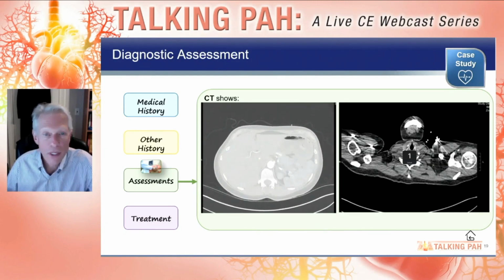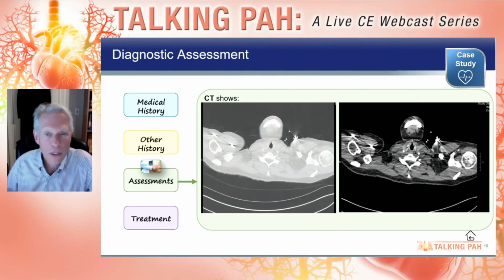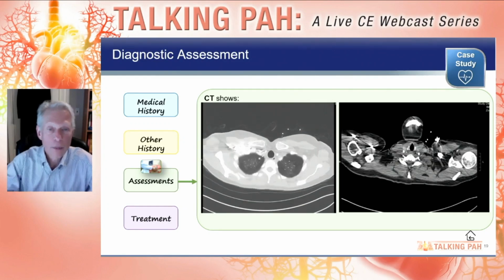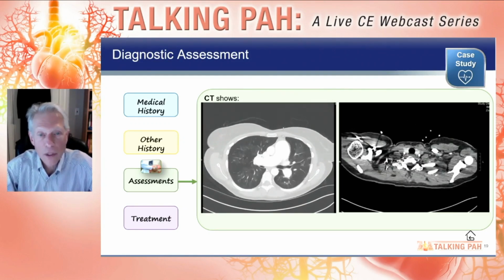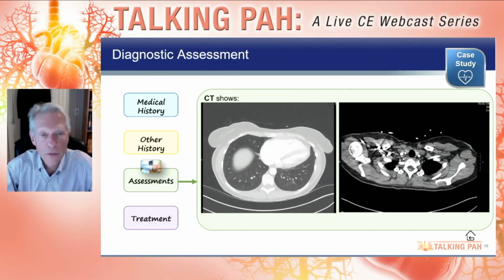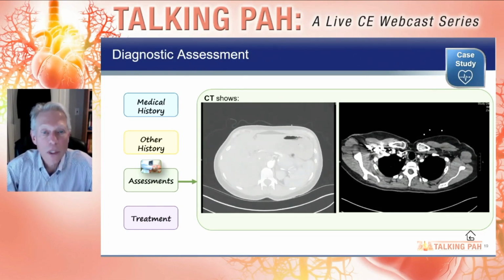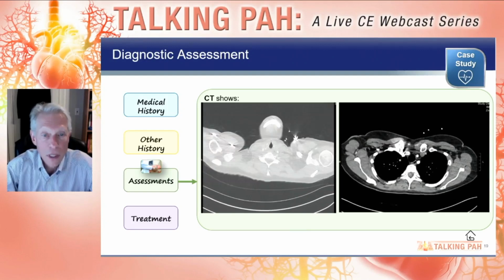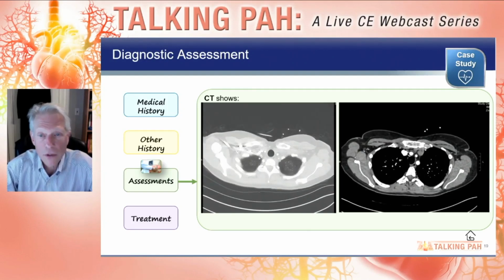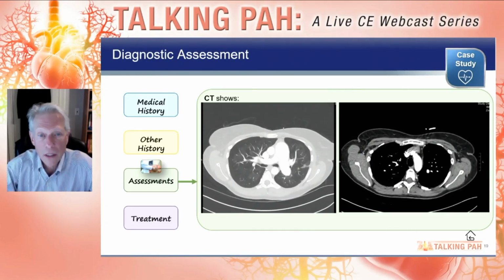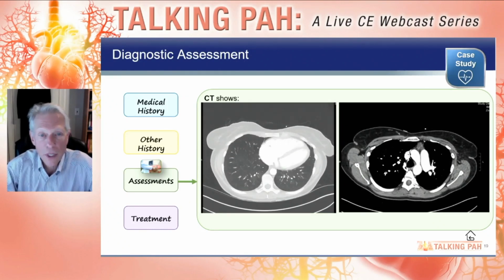That is mosaic attenuation, which we can see with pulmonary hypertension and VQ mismatching. It can also be seen with obstructive lung disease, but in this case, we can also see the heart itself. The right side of the heart is enlarged compared to the left, again suggesting that this may be pulmonary hypertension.